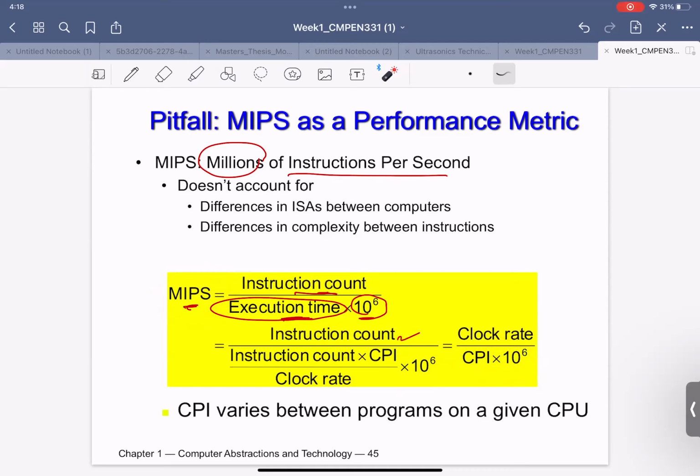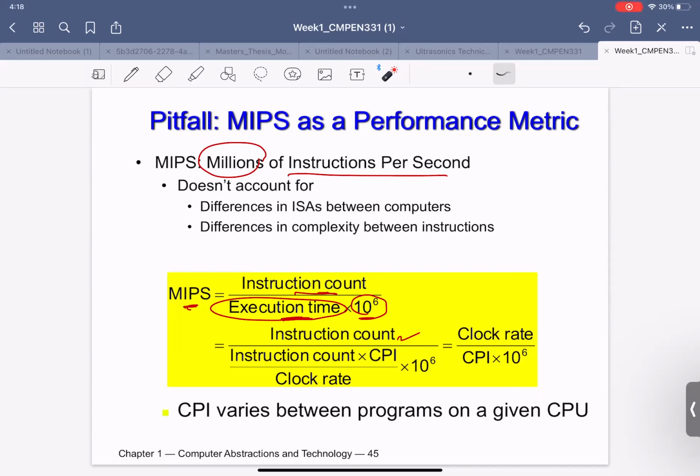So I might say that this MIPS is 10, that one is 5. Can I say that this one is better than that one? Unfortunately not. Why? Because MIPS by itself does not account for the differences in instruction sets between computers and also the complexity of instructions. So it won't be a fair comparison. I might just say that this can finish this many millions of instructions per second.